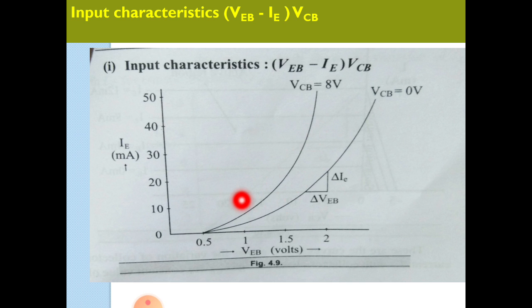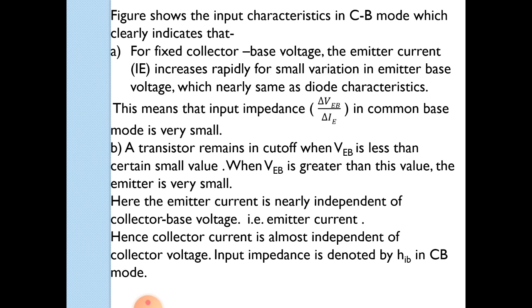From this we can observe that the impedance, that is equivalent to the resistance, of the input circuit is very small. This is the input characteristics graph in the CB mode.